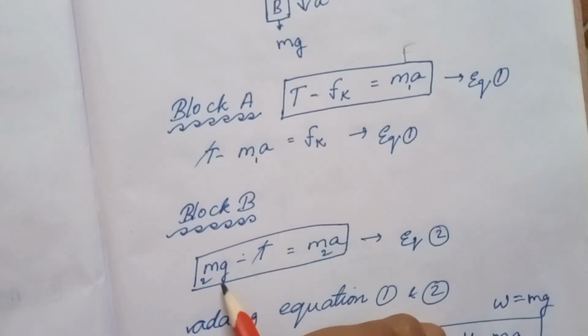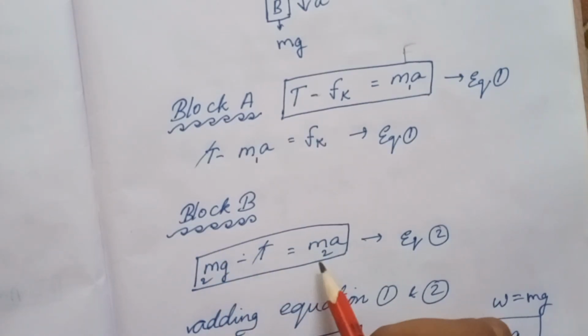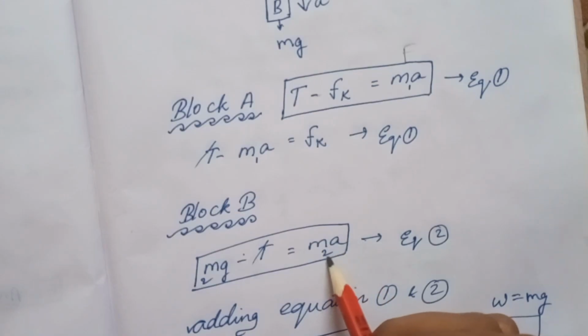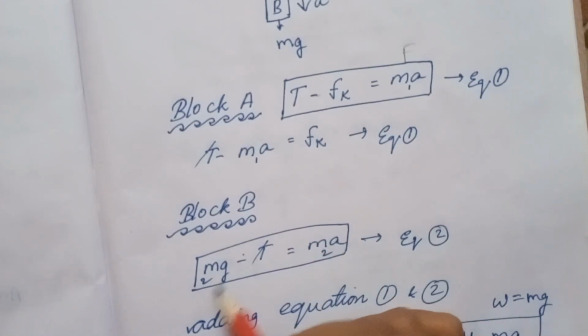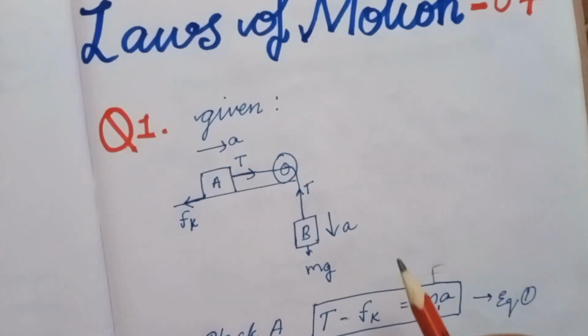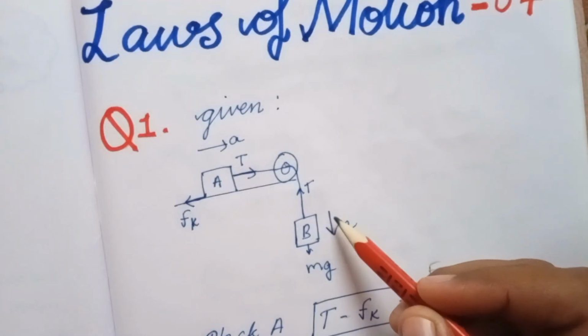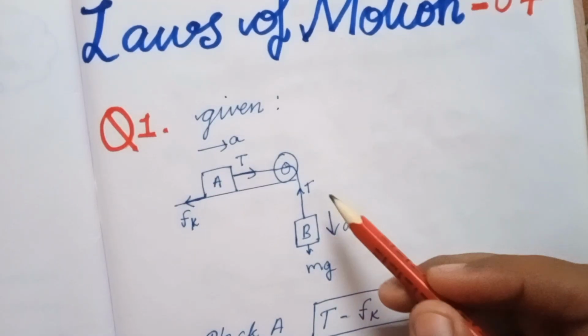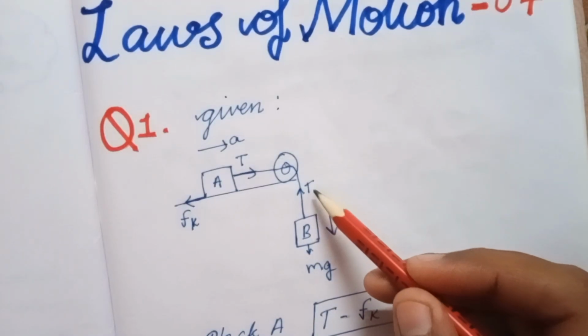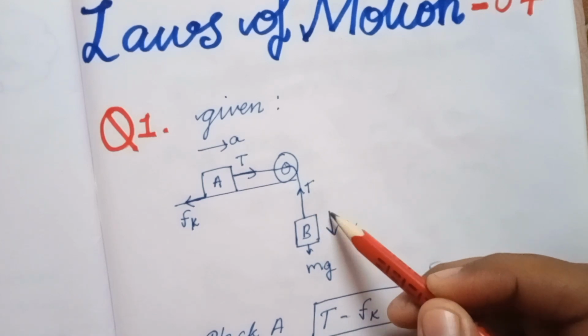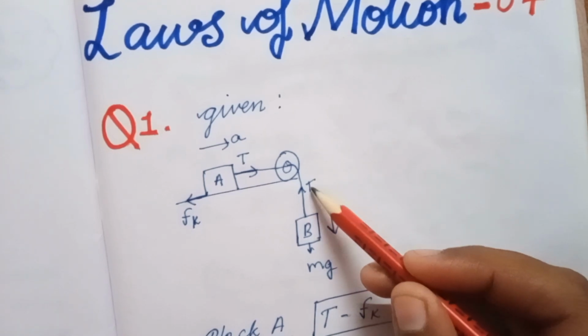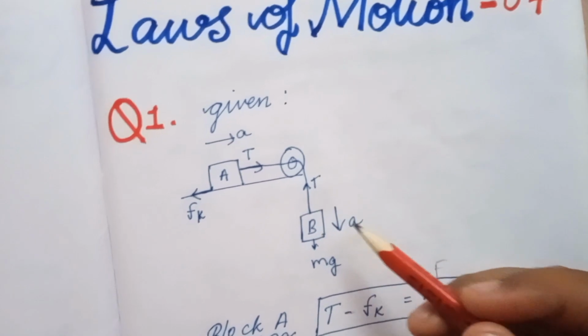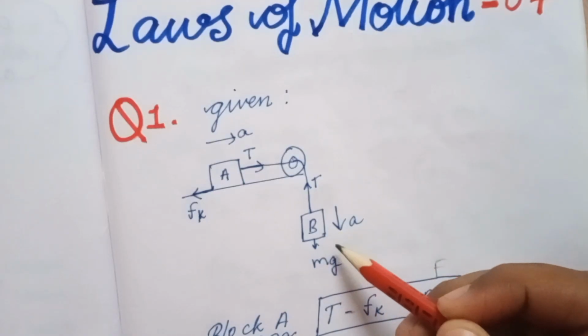For block B, m2g minus T is equal to m2a. Mass of block B accelerates downward, so the tension in the string is less, though it accelerates downward. Hence tension in the string is negative, and the downward force mg is greater, hence it is positive.